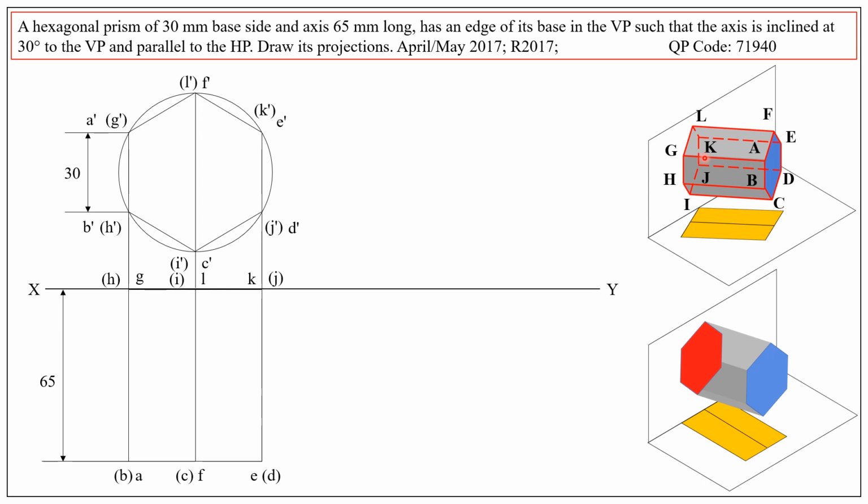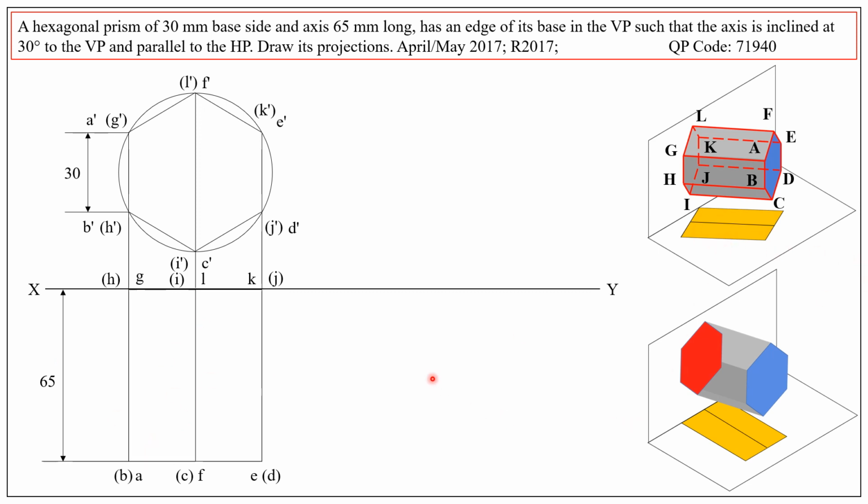At the same time, it is perpendicular to the horizontal plane. Therefore, the top view of the line JK appears as a point here. So that point is here. We already obtained that one. Now we need to reorient this rectangle like this.